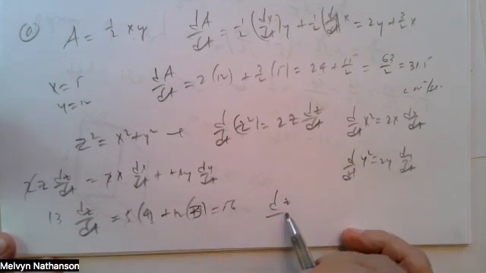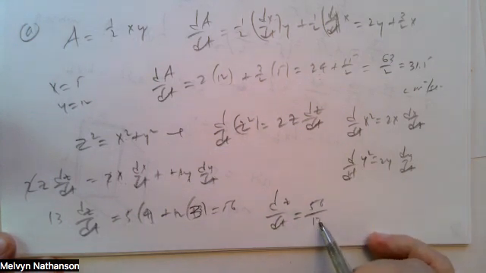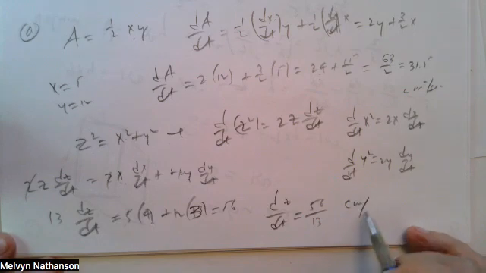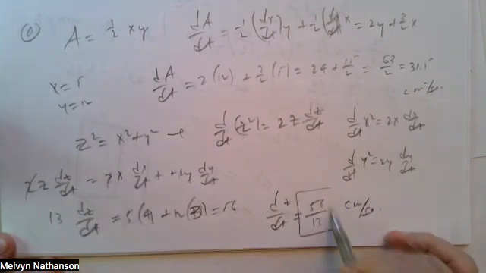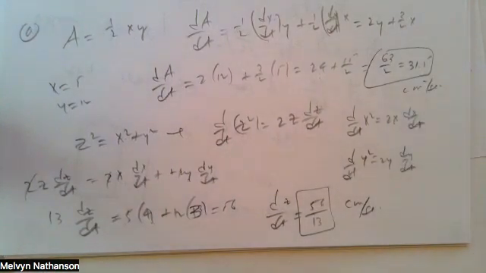So dz/dt is 56 divided by 13 centimeters per second. So that's the answer. Questions about any of this?